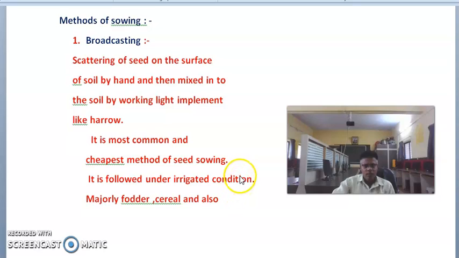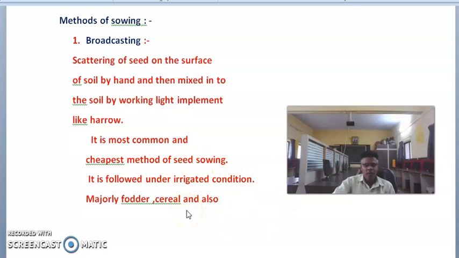Scattering of seeds into the field by hand is also known as broadcasting. Seeds of big size are also broadcasted. It is the most common and popular method of seed sowing, and the cheapest.